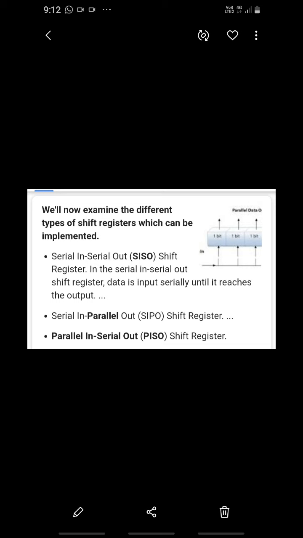Registers are commonly used for the temporary storage of data within a digital system. The storage capability of a register is one of its two basic functional characteristics and makes it an important type of memory device.